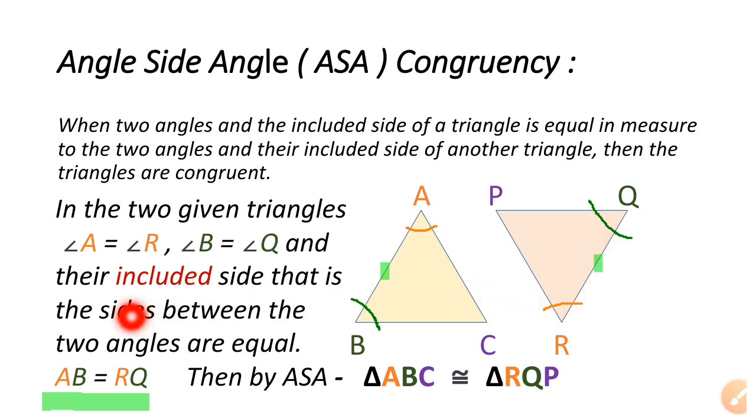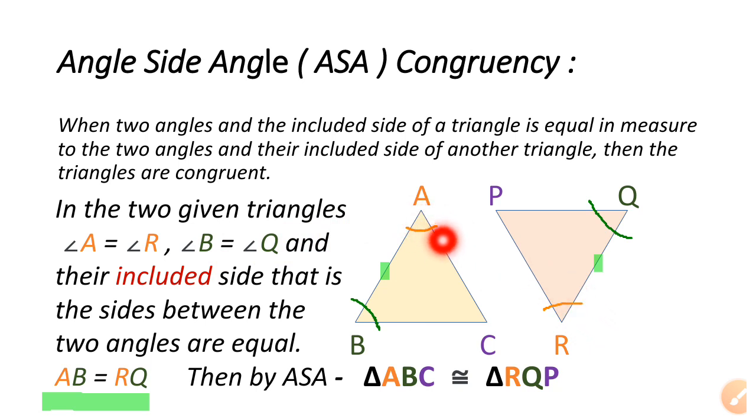So here the statement is given. Their included side, that is the side between the two angles, is equal. Above the green border, you can see AB is equal to RQ. And remember that when angle A and angle R are equal, that means point A and point R correspond to one another.